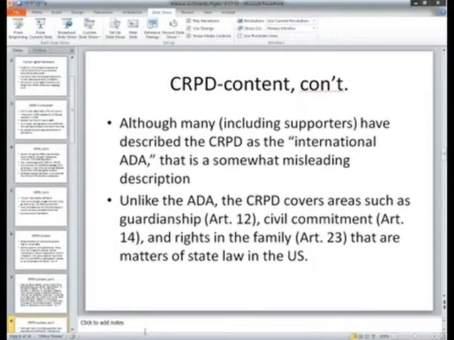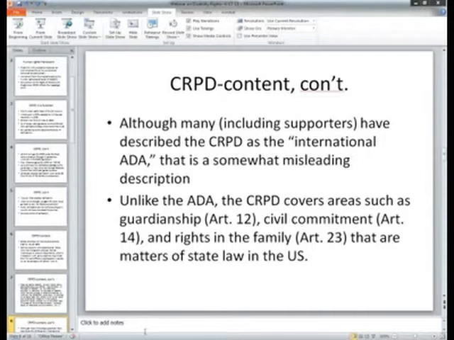So, for example, Article 12, which I will be talking about in a moment, addresses issues of guardianship, or at least is interpreted to do so. Guardianship is not a federal right, or the issues around guardianship don't exist at the federal level in the United States. They exist at the state level. And even though many state statutes are similar, it is a function of state law. And so that's something where you wouldn't find a U.S.